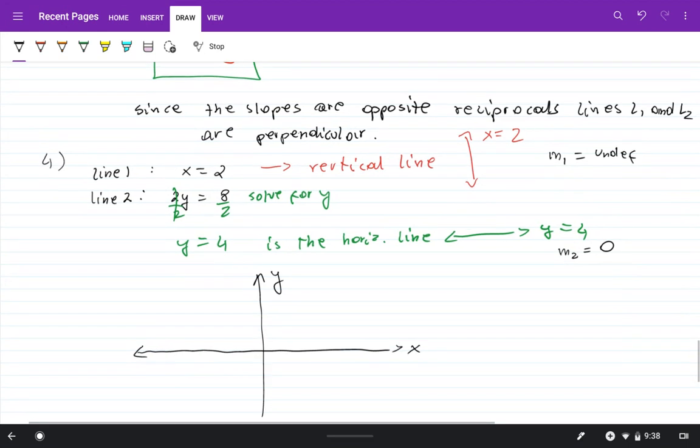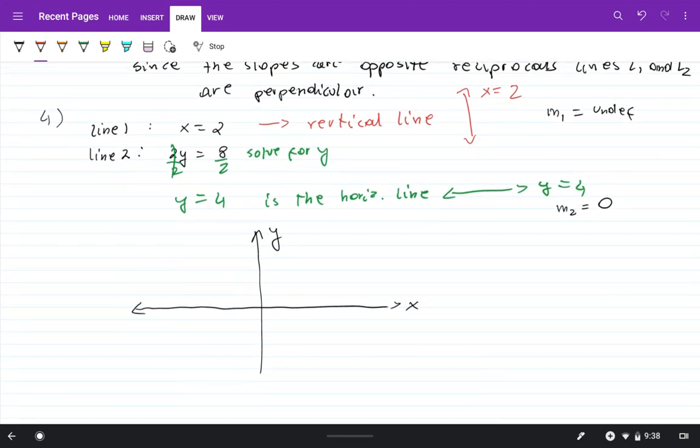So our x equals 2 is our vertical line. You're going to find 2 on the x-axis and just create a vertical line. So this is the line x equals 2. Now the horizontal line y equals 4, just find 4 on the y-axis, 1, 2, 3, 4, and create a horizontal line which intersects the y-axis at 4.